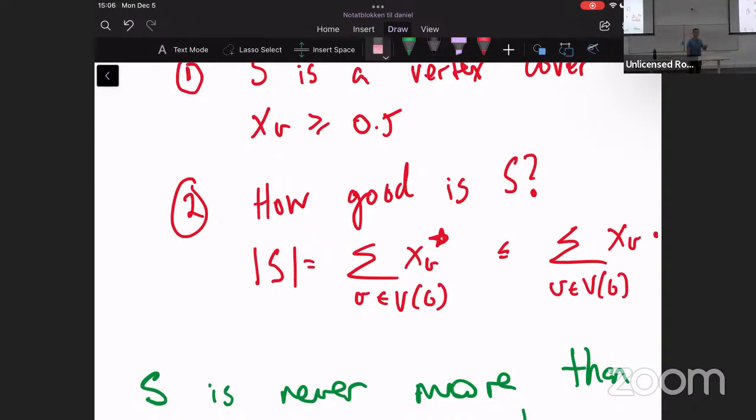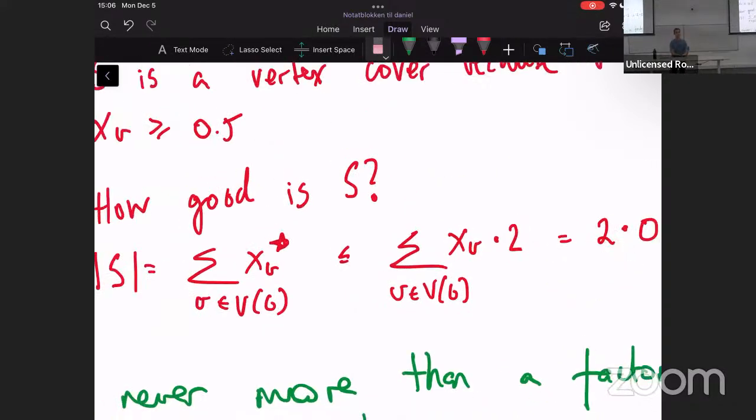Now here is another interesting observation. If I take a real number between 0 and 1 and I round it, then I multiply it by at most 2. Everything 0.5 and up goes up to 1, that is multiplied by at most 2, and everything less than 0.5 gets multiplied by 0. So the sum of the xv stars is at most the sum of the xv's times 2. But what is the sum of xv's? That was the objective function value of an optimum LP solution.